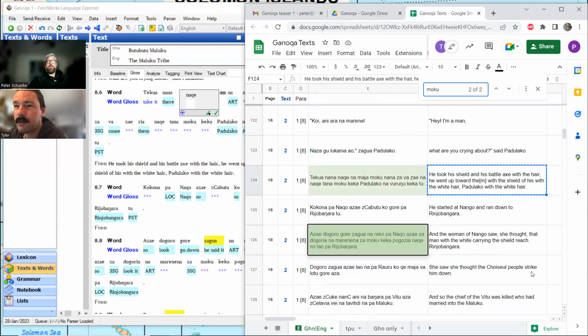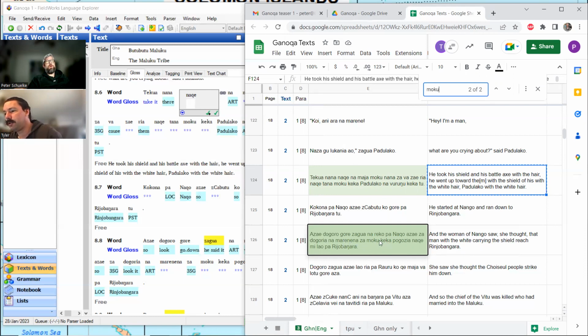And in that sentence, the woman of Nangu saw, she thought that that man with the white carrying the shield. So it's either white or shield. Now Moku Keka. Those are together. Yeah. Then we get Marene Na. So that's man.